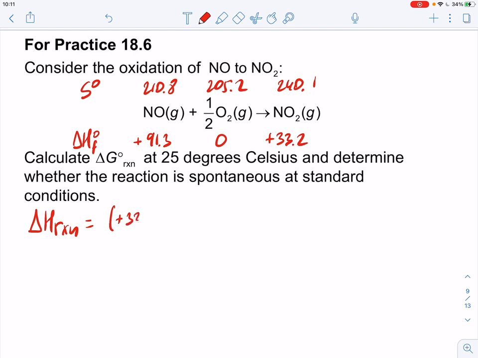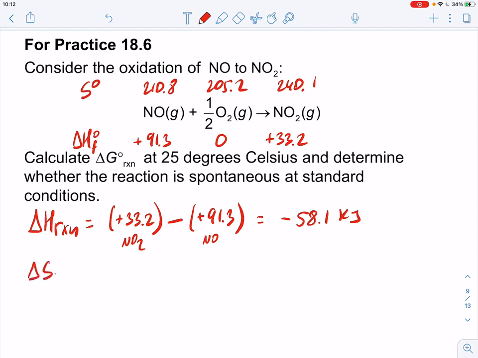So this is going to be 33.2 minus the enthalpy of nitrogen monoxide, which is plus 91.3, minus 1/2 of oxygen, which is 0. Okay, and what we obtain here is minus 58.1 kilojoules.